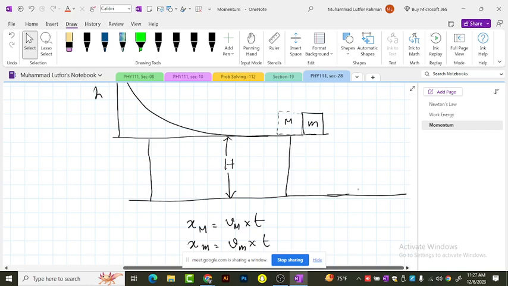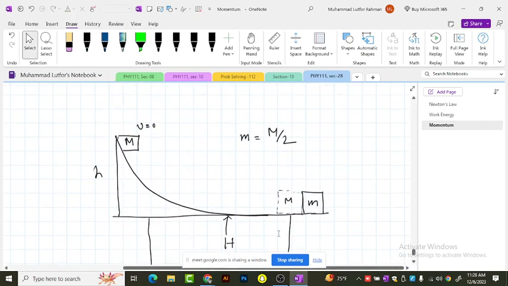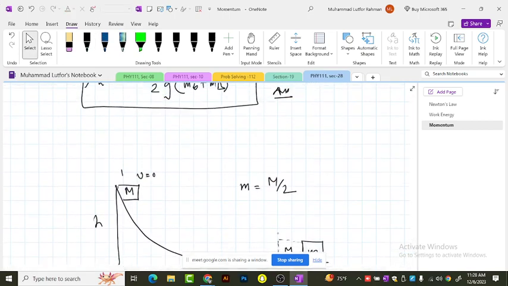Since it's a head-on collision, I'll write down the velocities of the bigger mass in this form, so it would be easier to correlate it with you. Let's say this is my object 1 and the smaller mass is object 2.